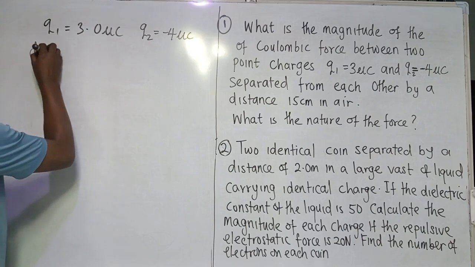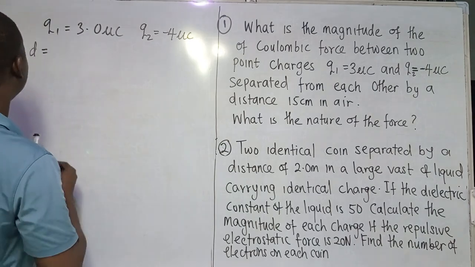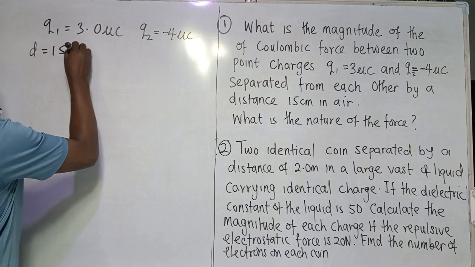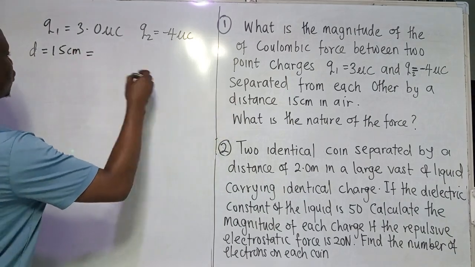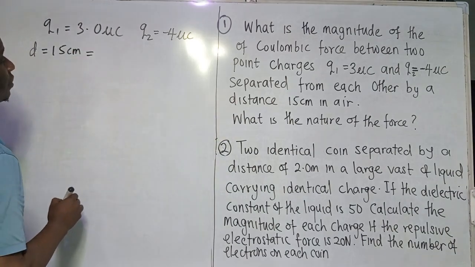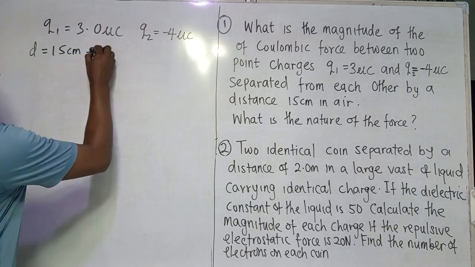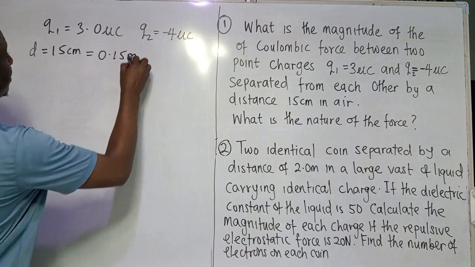So the distance is 15 centimeter. You convert the 15 centimeter to meter by dividing by 100, and you have 0.15 meter.